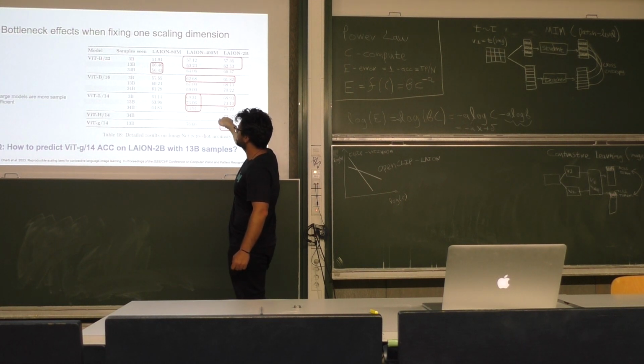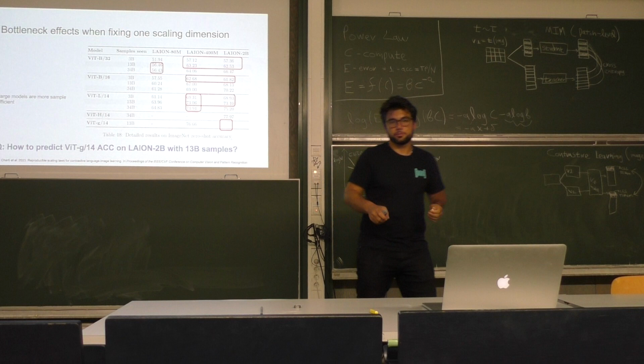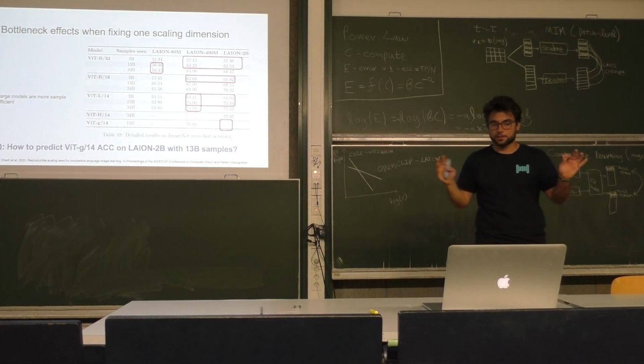Okay, let's take this one. From 57.55, you scale up both the sample count and the model, so you go here. So these are like the 2 points that you measure. This is like a more thorough version of the plot. They are not exactly equivalent, that's right.